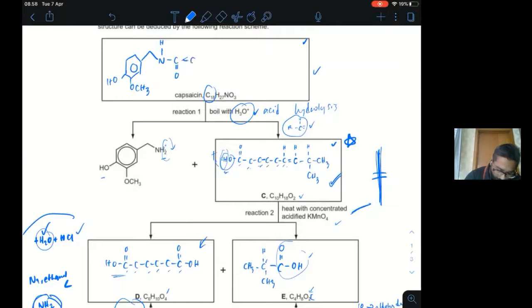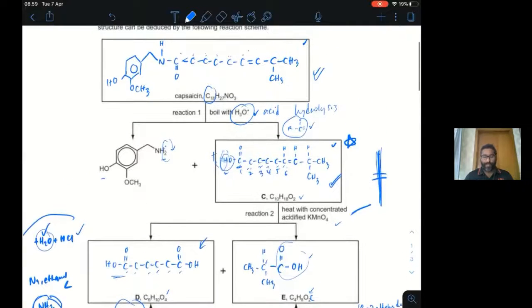Then 1, 2, 3, 4, 5, 6. And then there is a double bond. And then you have C, CH3, CH3. So this is the structure that we are looking for. So this one is done.